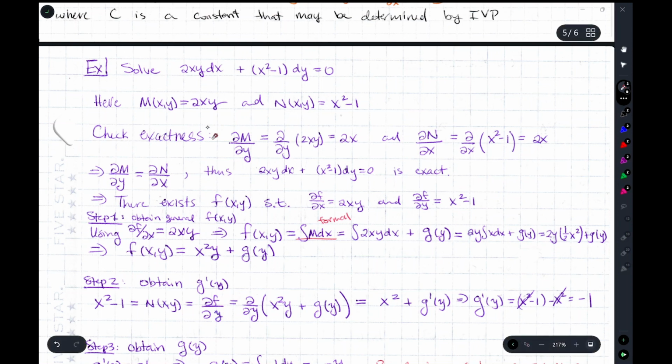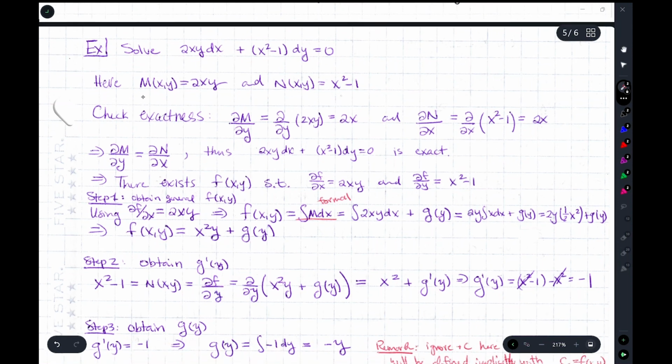How did I know that M is equal to 2xy? M is always what multiplies the dx, and N is always what multiplies the dy. So we identify M with the expression in front of the dx, and likewise N with the dy. And we check exactness.